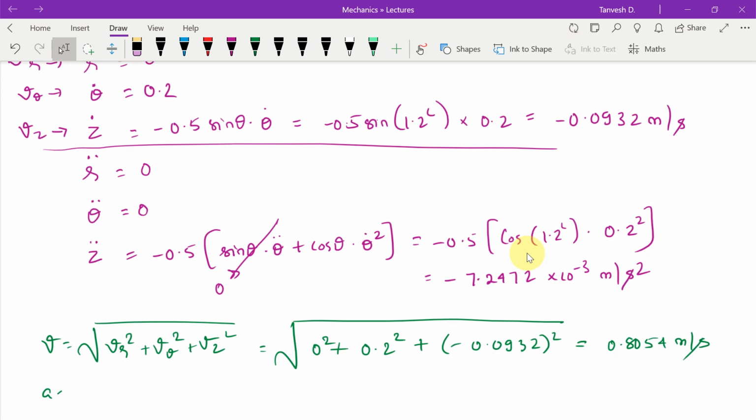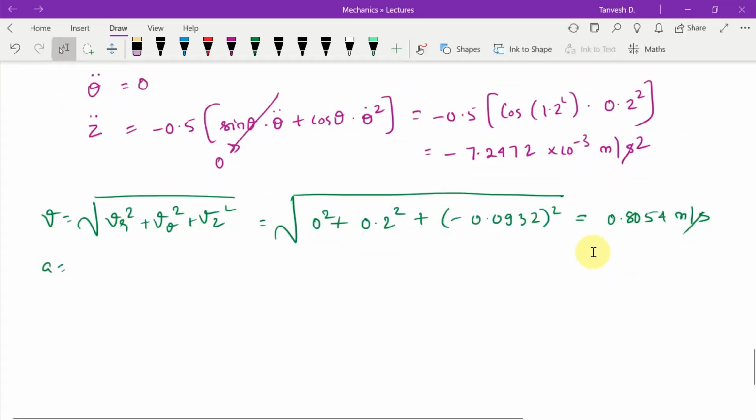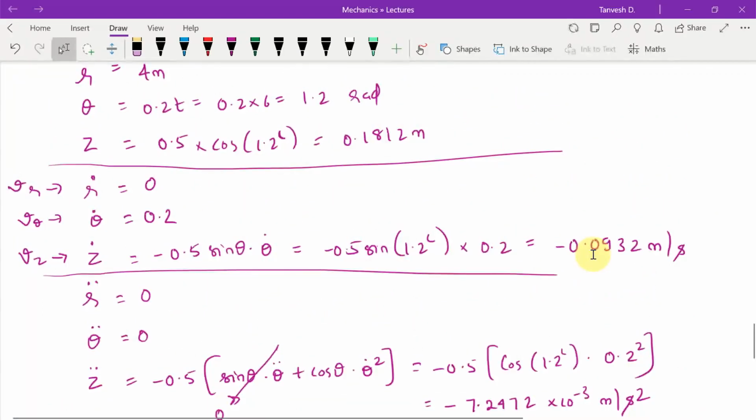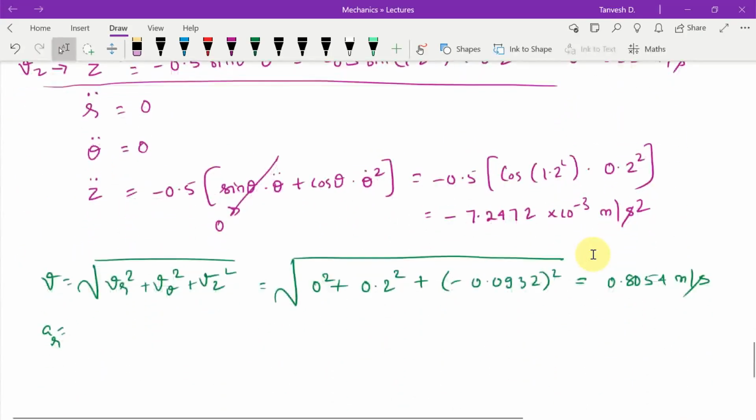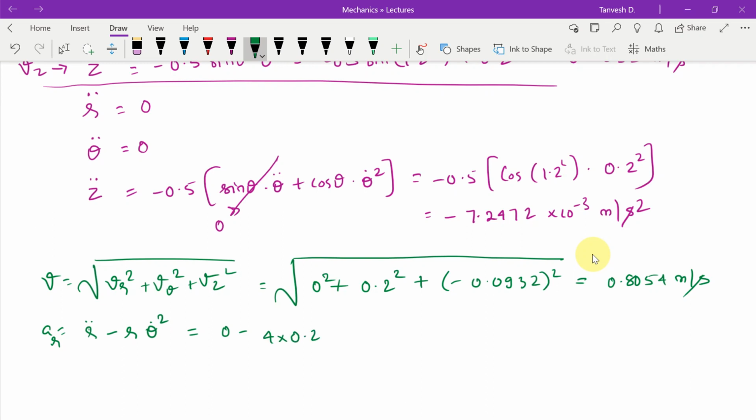And for acceleration, we need to find Ar first. Ar is r double dot minus r theta dot square, which is 0 minus 4 into 0.2 square, which is equal to minus 0.16 meters per second square.